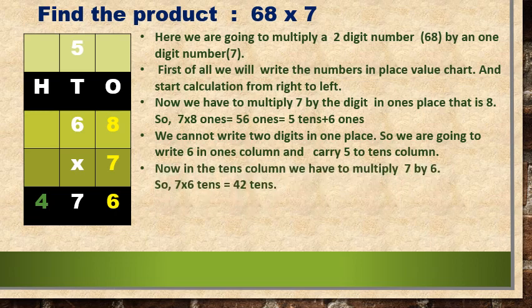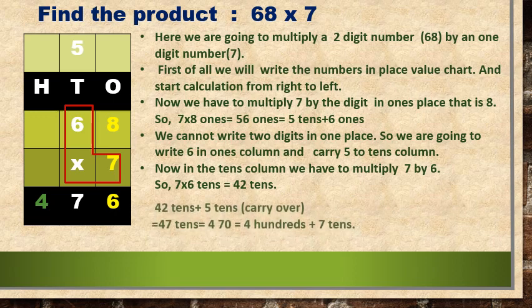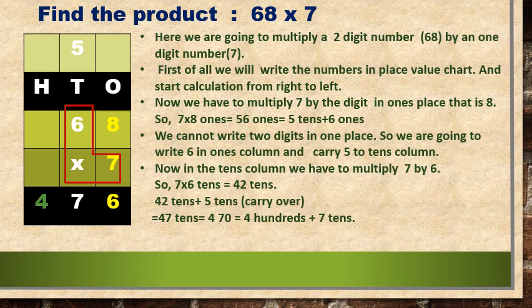in the tens column, we have to multiply 7 by 6. Right, girls? So in the tens column, we are getting 7 into 6 tens. It gives us 42 tens. So 42 tens plus 5 tens.